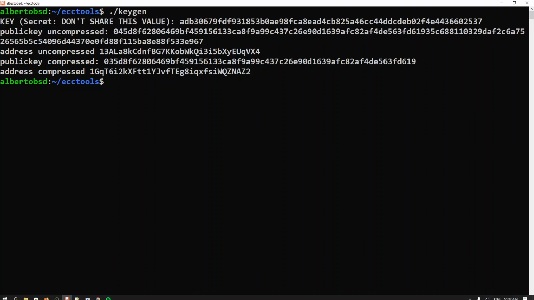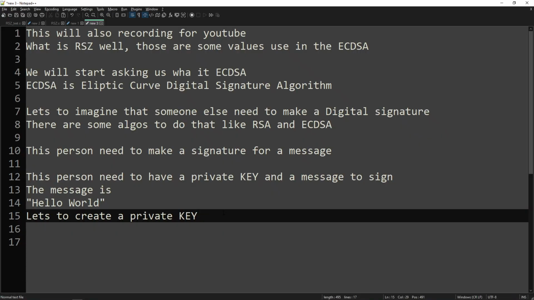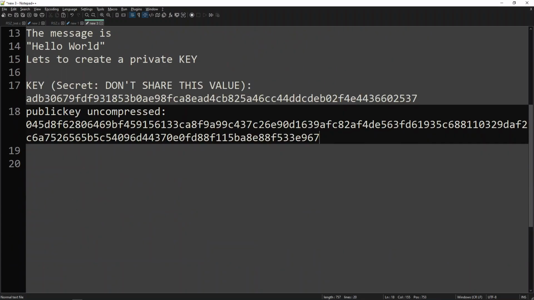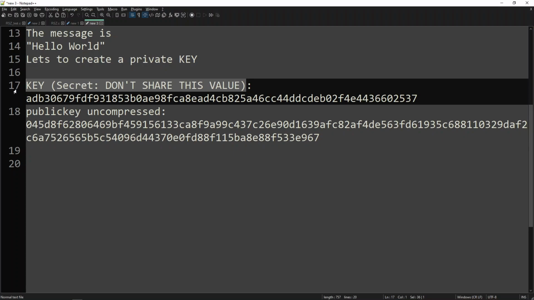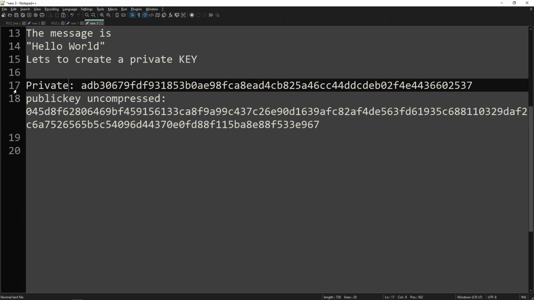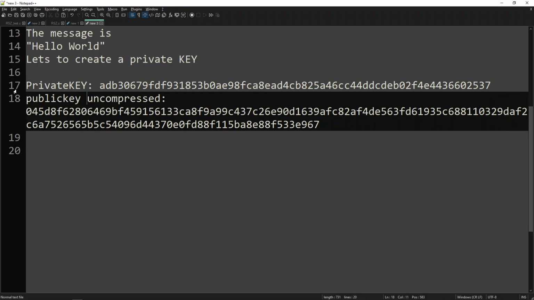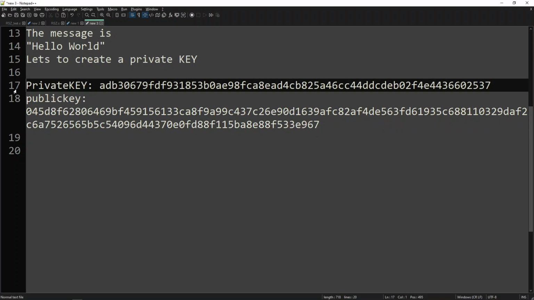This is the private key. And the public key. We don't need the public key right now, but let's have it.